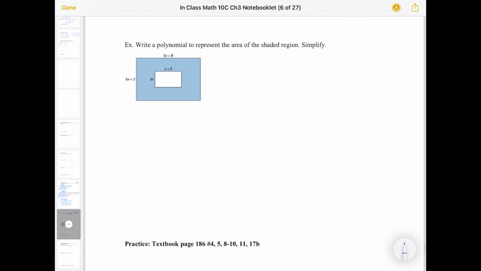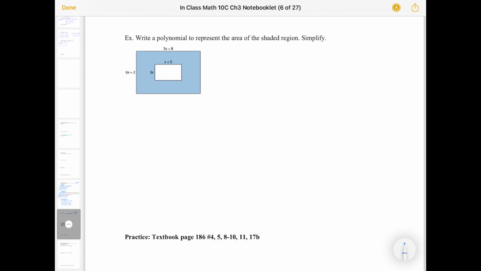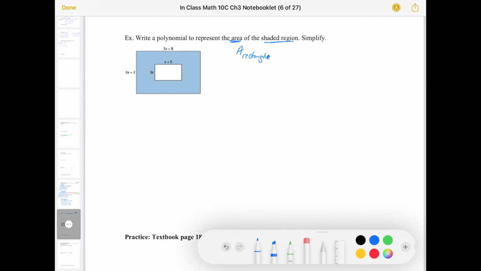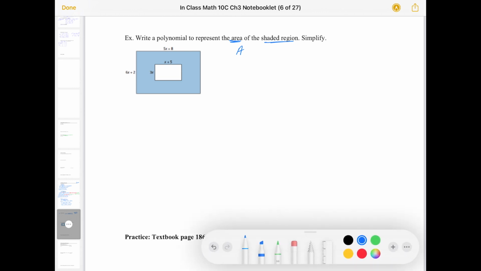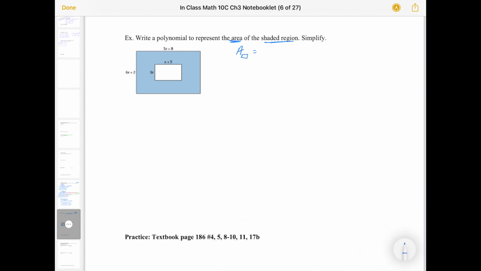All right, this question I do want to do. Let's write a polynomial to represent the area of this shaded region and simplify. Okay, so if I'm talking about the area of a rectangle, area of a rectangle, that is going to be length times width.